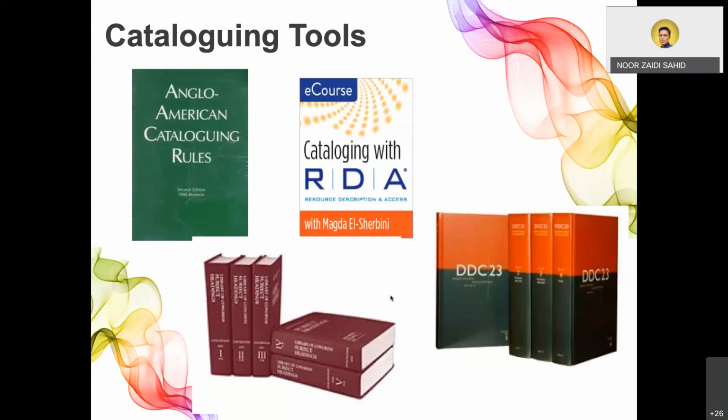Apa agaknya alat-alat yang digunakan. So, you must know the AACR, RDA, and then this is DDC, and this is LCSH. You will learn further in the cataloging and classification subject. Semester berapa ya? Semester 5 ya? 4.